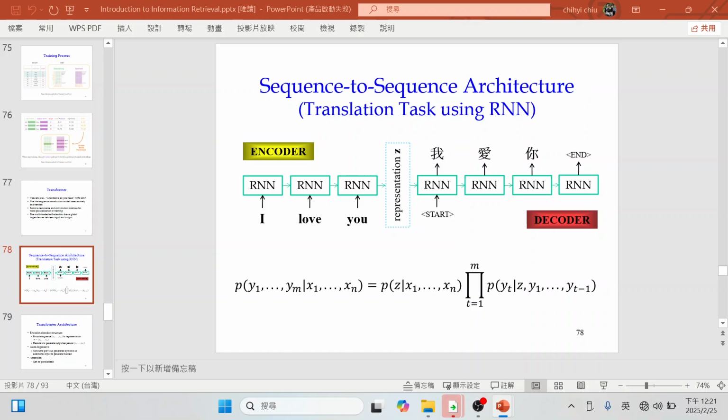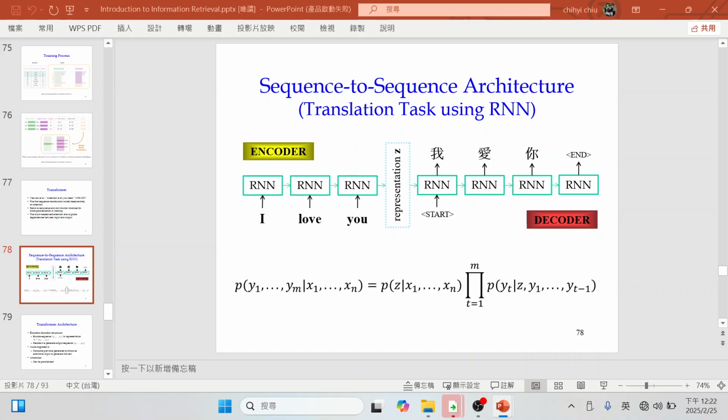It is also called autoregressive. To predict the probability of the t-th token, I use the probabilities from the first token until t minus 1, together with Z, as the condition. That's called autoregressive. That's why generative models like GPT generate the words one by one, rather than all at the same time.